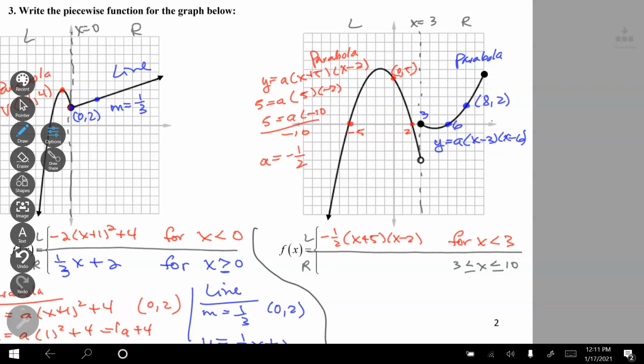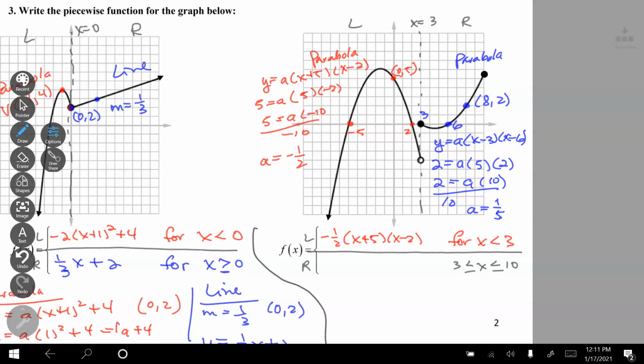So I plug in 8, 2 for the x and y. I get 2 is equal to a, 8 minus 3 is 5, 8 minus 6 is 2, and I get 2 is equal to a times 10, divided by 10. I get a is equal to 1/5, and it better be a positive value.